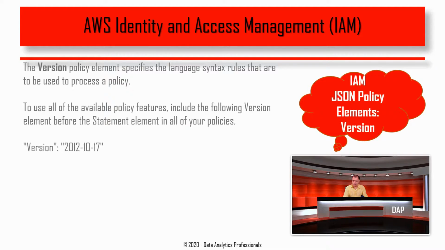The version policy element specifies the language syntax rules that are to be used to process a policy. To use all of the available policy features, include the following version element before the statement element in all of your policies, and that is this version. This version is equivalent to the string 2012-10-17.